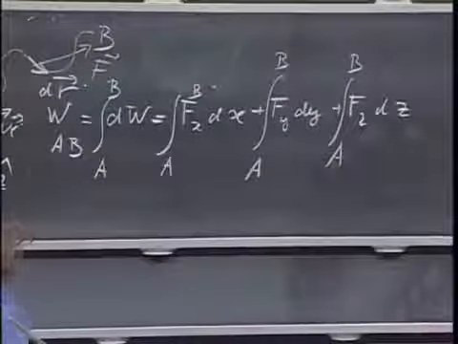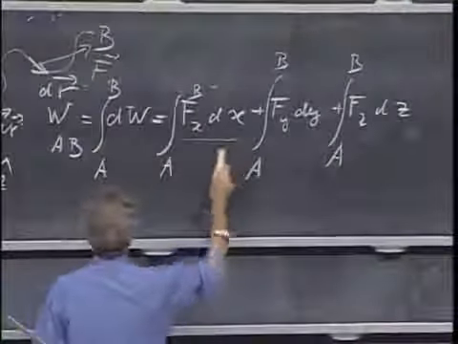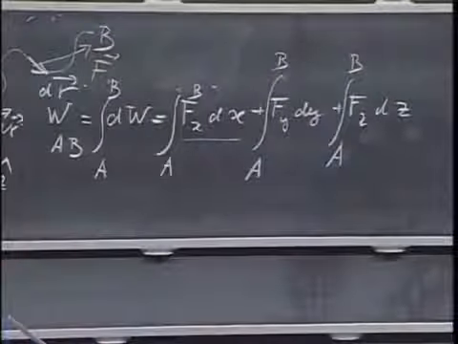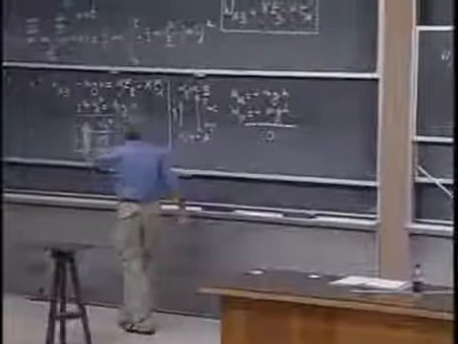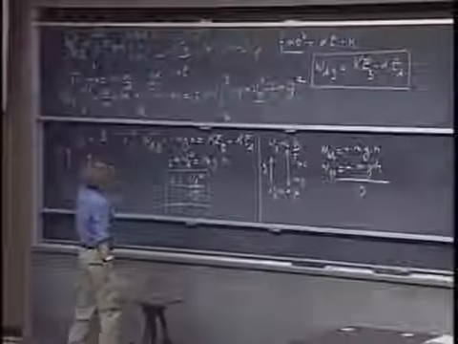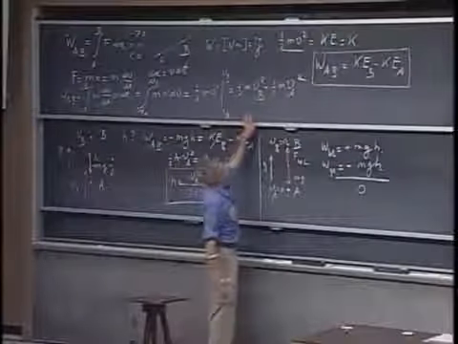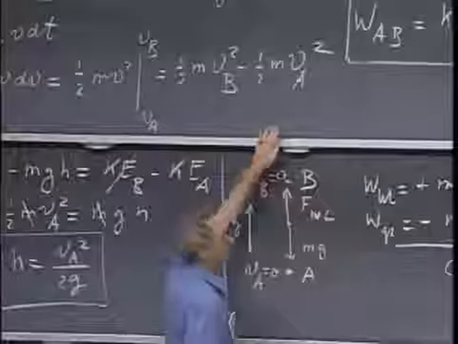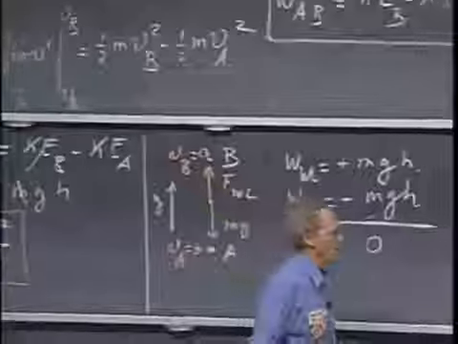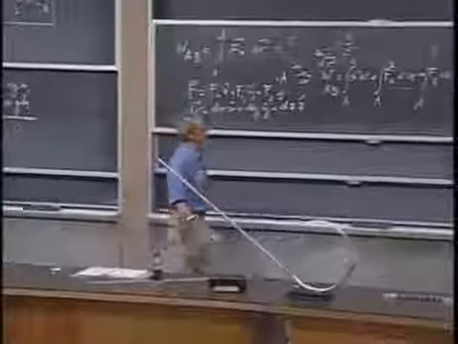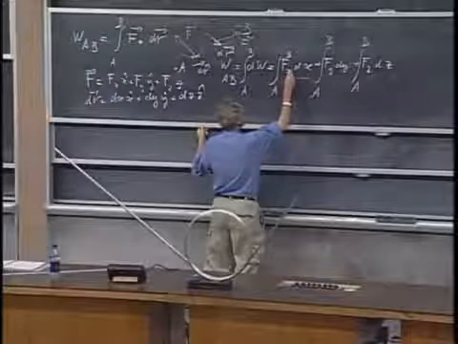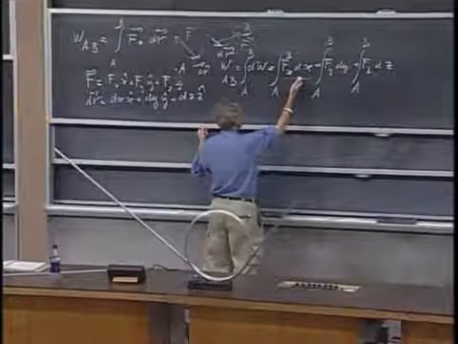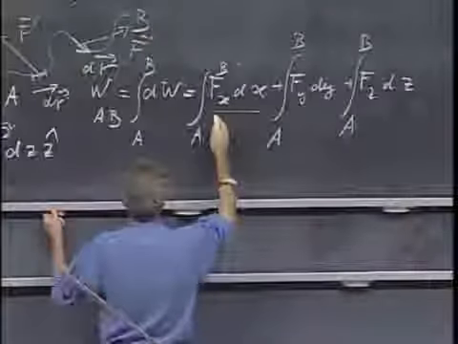Now we're home free because we already did this. This is a one-dimensional problem, and the one-dimensional problem we already know the outcome. The integral f dx we found is 1/2 m vb squared minus 1/2 m va squared, which in this case is obviously the velocity in the x direction, because this is a one-dimensional problem. And the one-dimensional problem indicates that the velocity that I'm dealing with is the component in this direction.